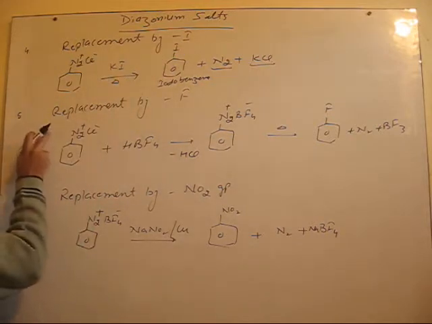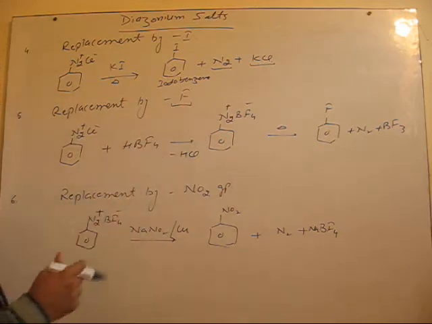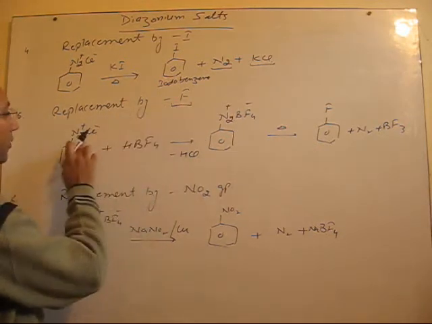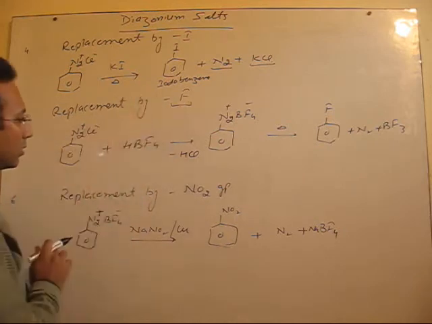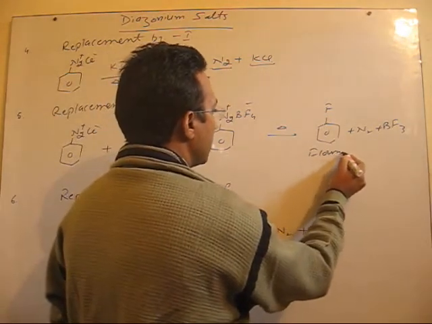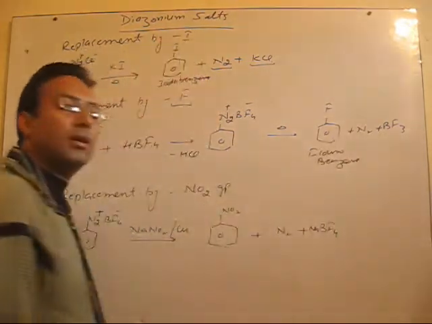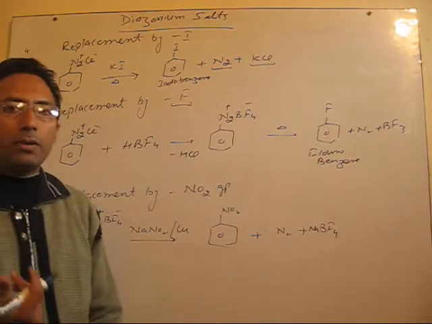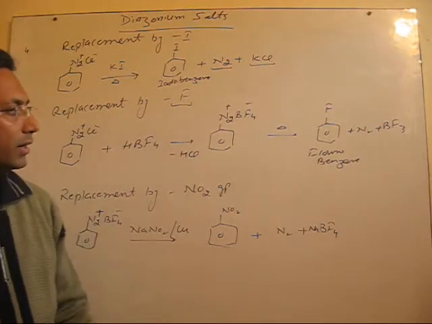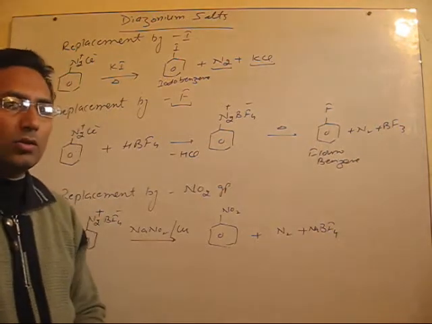Another, the most important, is substitution by fluorine, replacement of nitrogen by fluorine. Now this is the best method for generation of fluorobenzene, as fluorobenzene is very difficult to prepare by simple electrophilic substitution reactions of benzene, with which you can easily prepare chlorobenzene or bromobenzene.